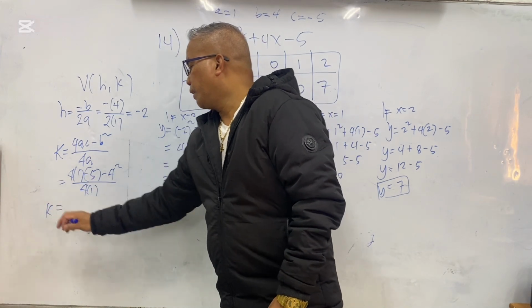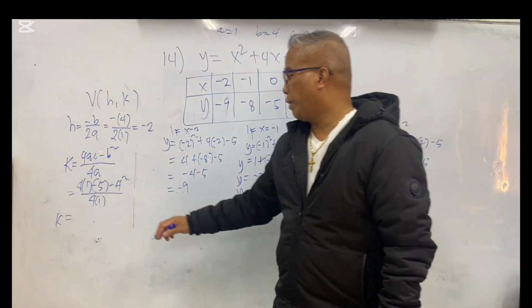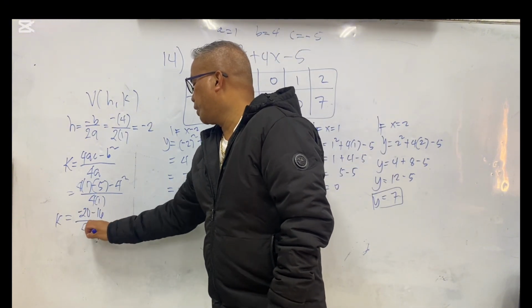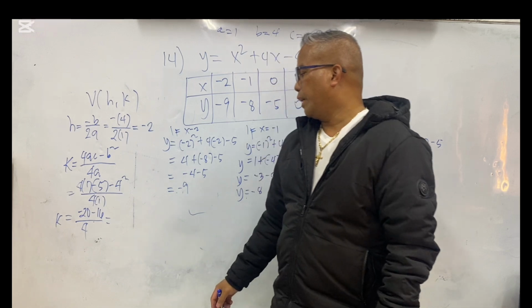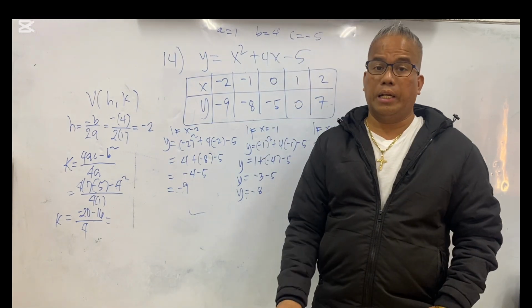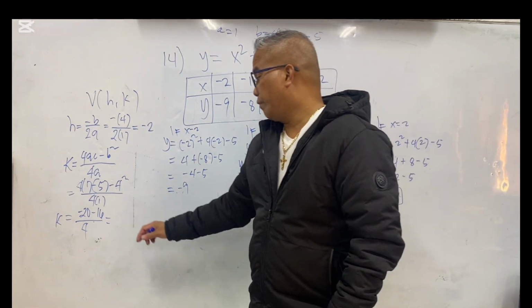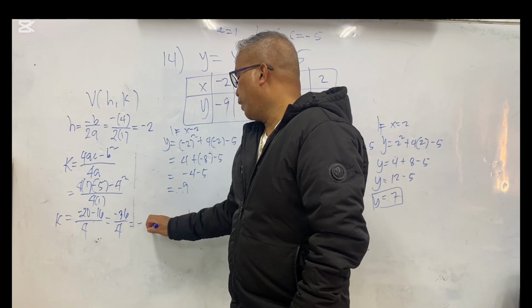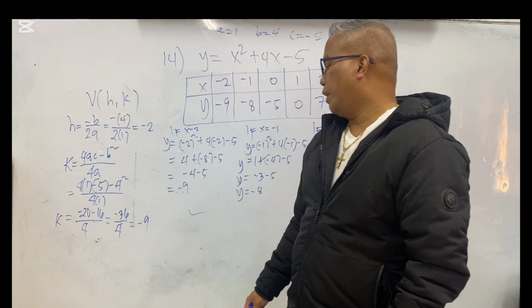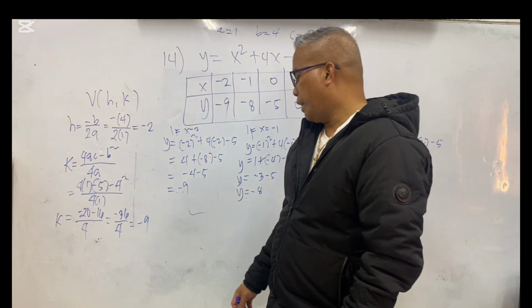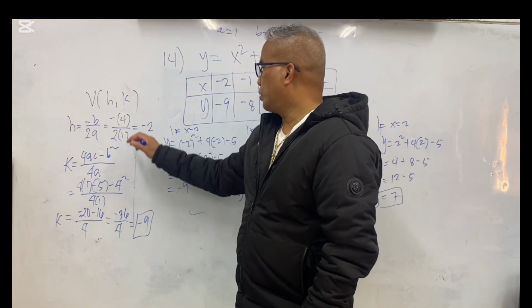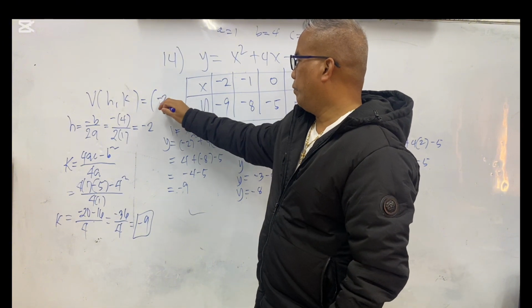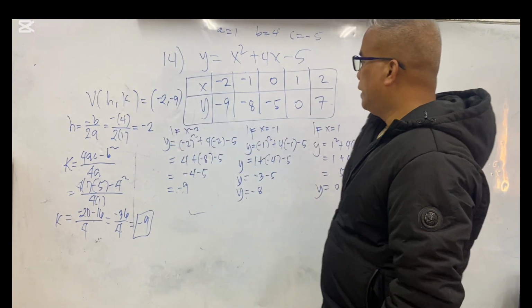Negative 20 minus 16 is negative 36. Then divided by 4 equals negative 9. So the vertex is equal to negative 2, negative 9.